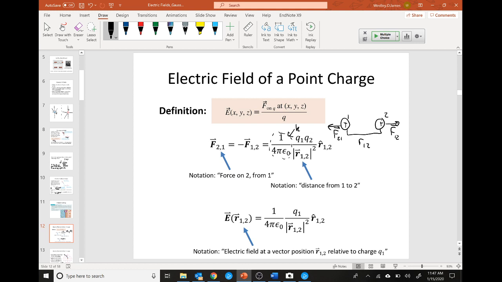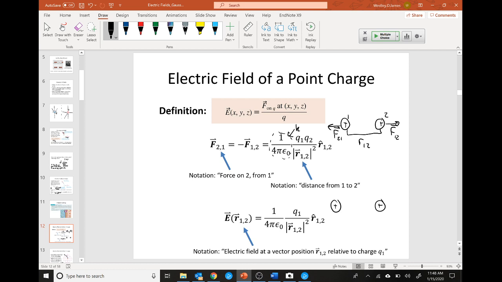So if we said that the electric field is force divided by Q, then we get rid of one of those Q's. And this is where you have to remember which Q you get rid of. Again, that's why I'm really trying to stress this, because a lot of students make this mistake. They put the wrong Q here. So if I wanted the electric field that is causing the force 1 on 2, here's charge 1, here's charge 2.